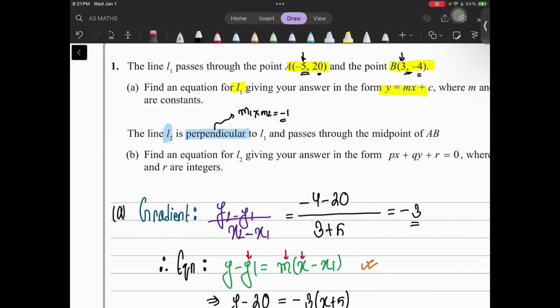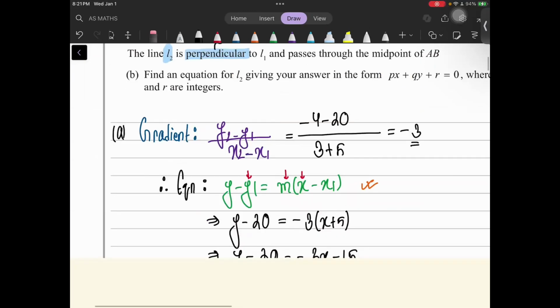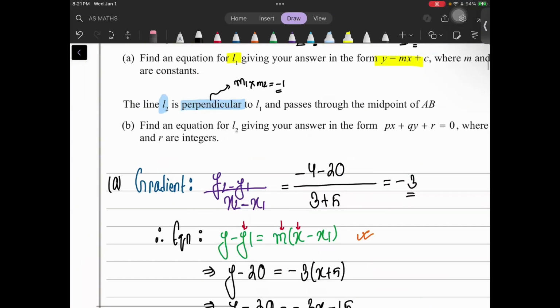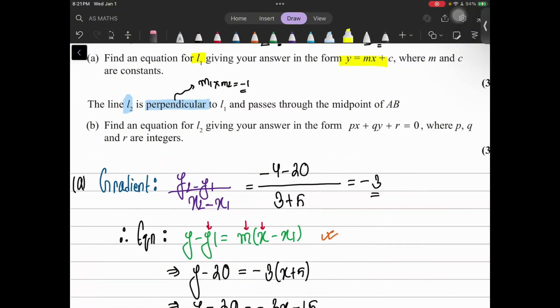L2 is perpendicular to L1, and passes through the midpoint of AB, right? So find an equation for L2 in this format.